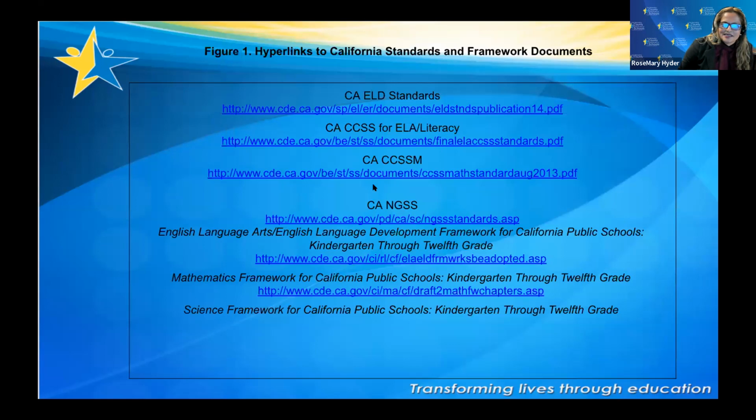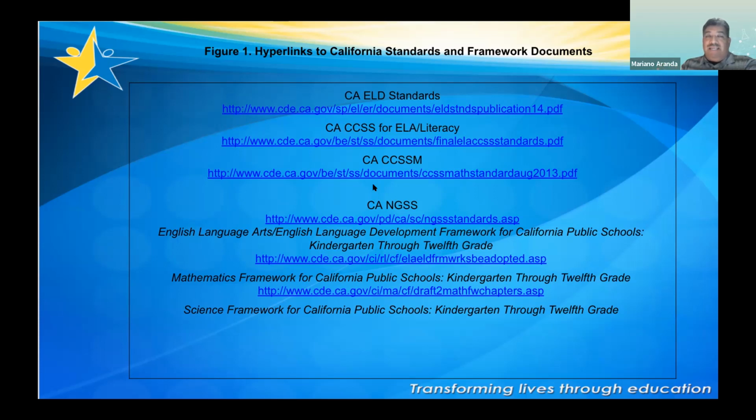I'll let you read the others. And then again, this is just more of those hyperlinks to the California ELD standards, to the ELA literacy, to the Common Core math, and the new math framework that's coming, that is very much aligned to the science and those crosscutting concepts and science and engineering practices.